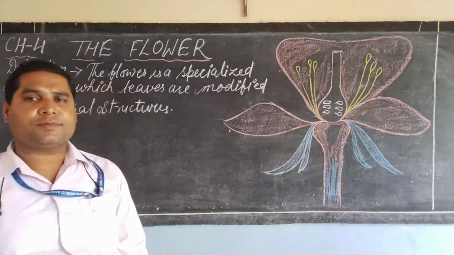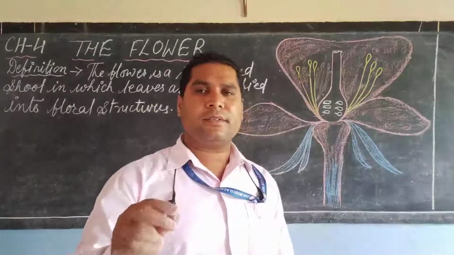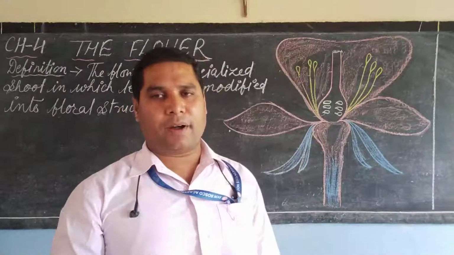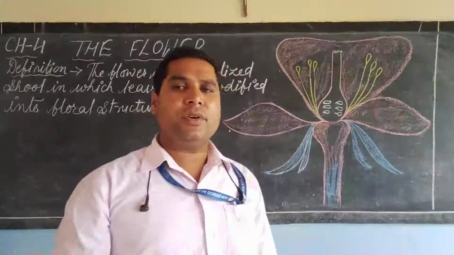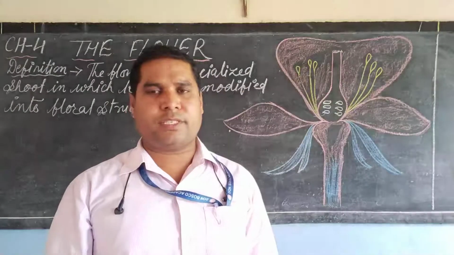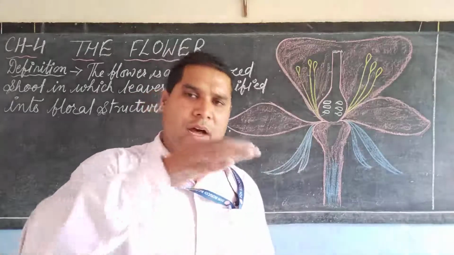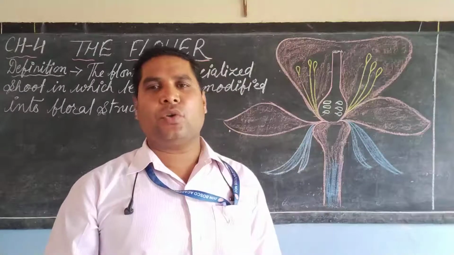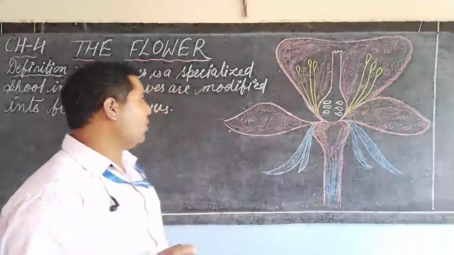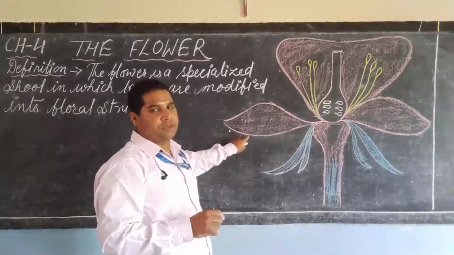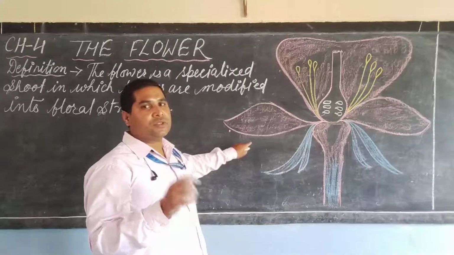Dear student, a plant has two main parts. One above the ground known as a shoot system, and one below the ground known as a root system. So flower is a part of the shoot system.